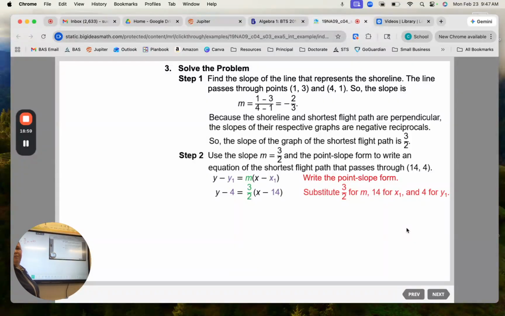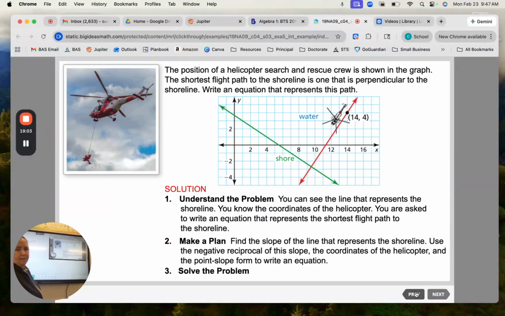The point on the graph was what? 14, 4. So 4 is the y, 14 was x, plus b. What's 3/2 of 14? 21? Can I do math in my head? 21.